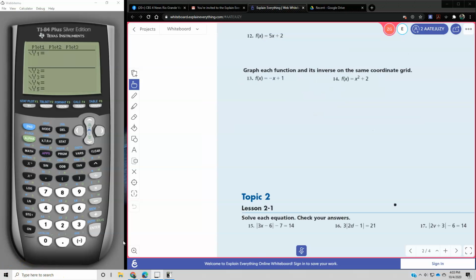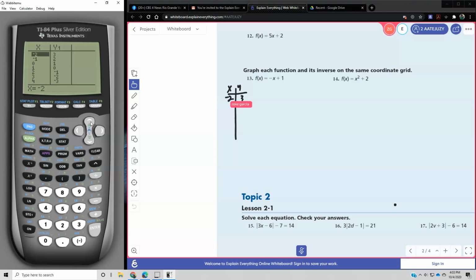For number 13, I'm going to sketch a graph. So we have y equals negative x plus 1. I'm going to graph it. But what I'm going to do is I'm going to go to my table. Start at negative 2. So here's my table. We have x and y.